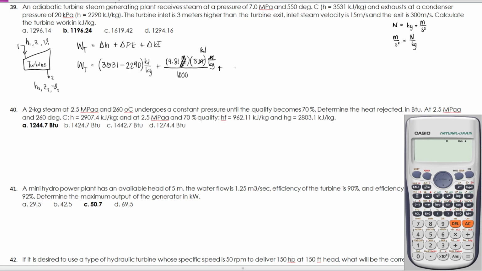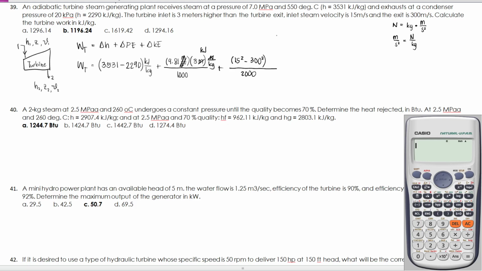Plus, para naman dito sa change of kinetic energy, so 1/2 mv squared. So, wala nga tayong mass, kaya velocity na lang. So, velocity 1 is 15 squared minus velocity 2 is 300 squared. Again, instead of 1/2, ang ginagawa ko na nga dito, katulad dun sa potential energy, ginagawa ko na siyang 1/2000.